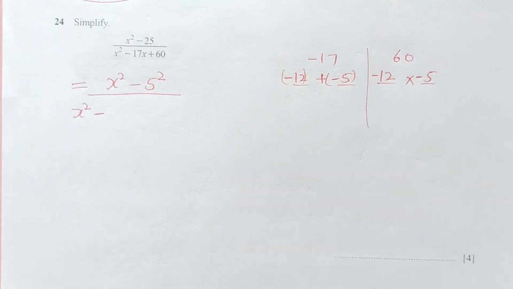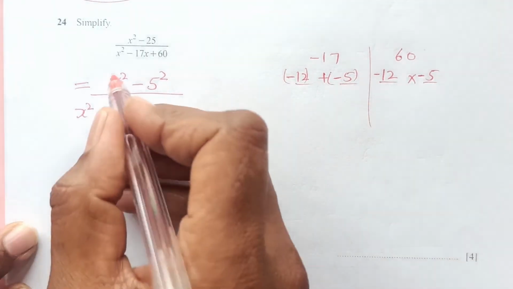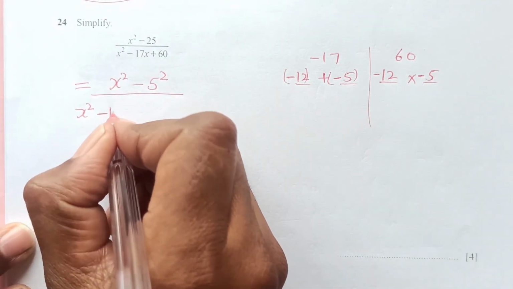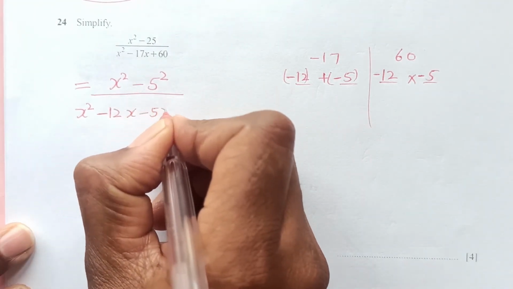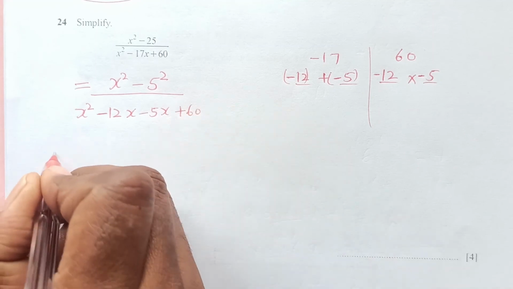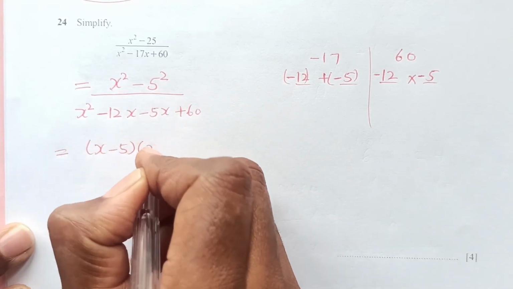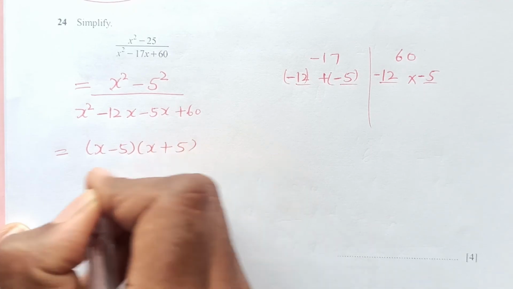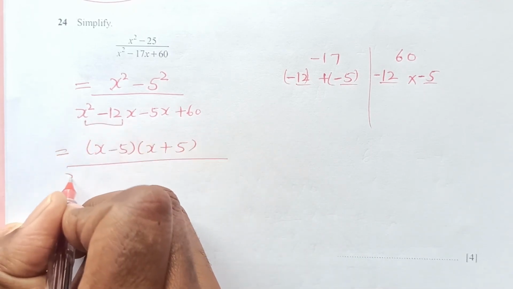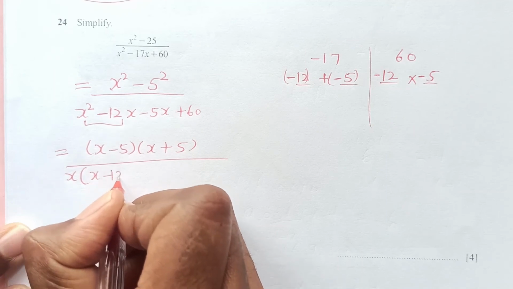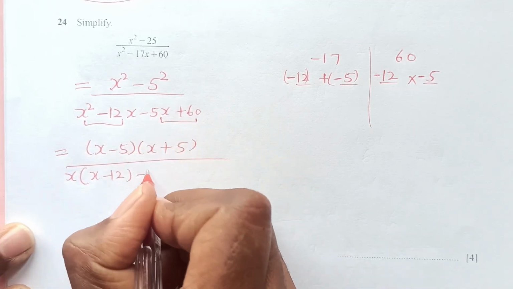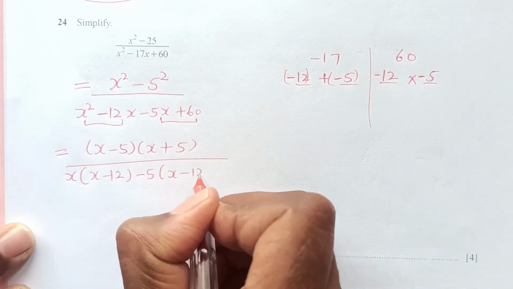So now x squared, 17x can be written as negative 12x, negative 5x plus 60. So a squared minus b squared, so a minus b, a plus b. Okay. Now what is common from here? X. Inside we will have x minus 12. From here is minus 5, x minus 12.